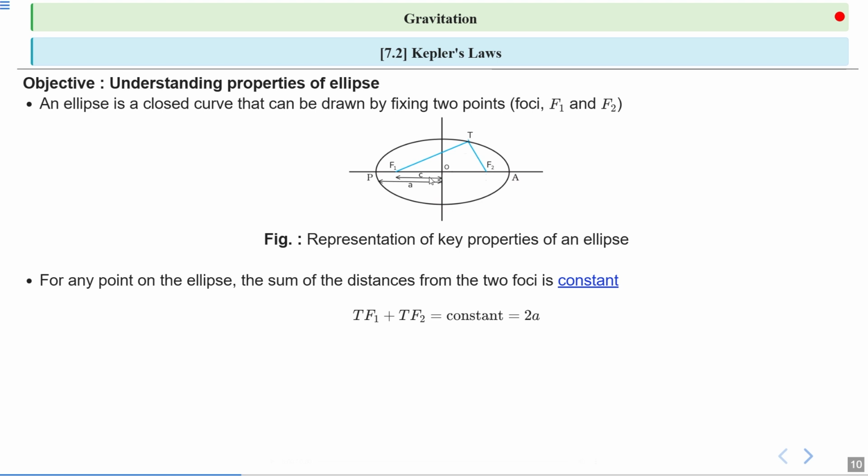This is a defining property of an ellipse and is expressed mathematically as TF1 plus TF2 is equal to 2a. Here a represents the semi-major axis. So semi-major axis OA is equal to OP is equal to a.